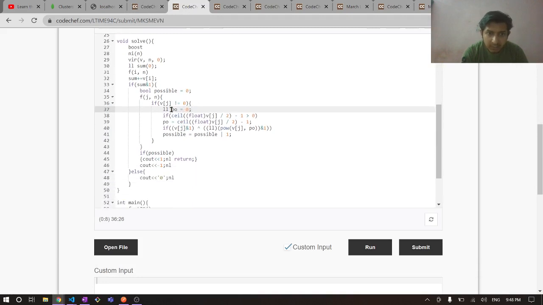So PO is initially 0, and if ceil of this thing is greater than 0, then update my power. Okay, let me make you understand it better. What I'll do, I'll consider the case that the element at j is not equal to 0, power is initialized with 0, and if ceil of this thing is greater than 0, then power will be updated.